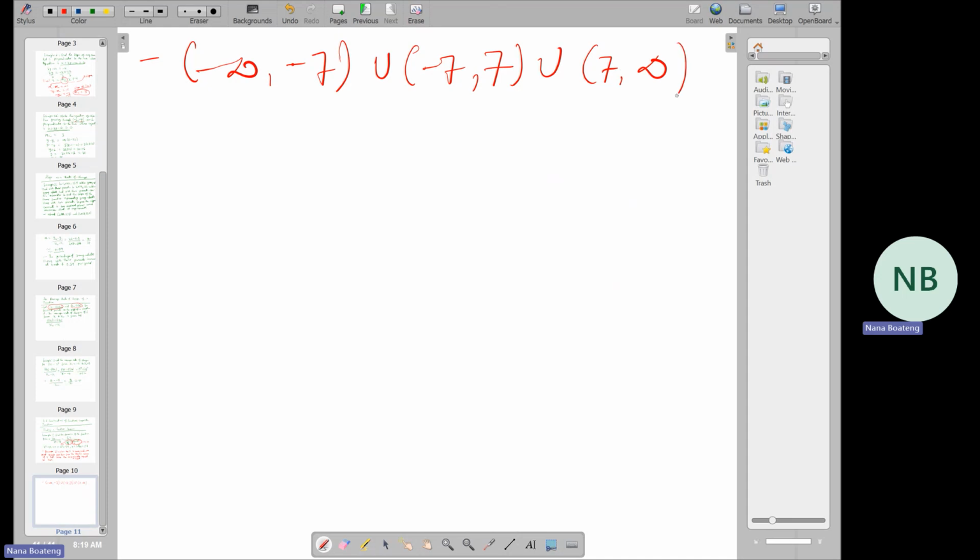So this is how we write the domain of the function. We are excluding 7 and negative 7 from the domain.